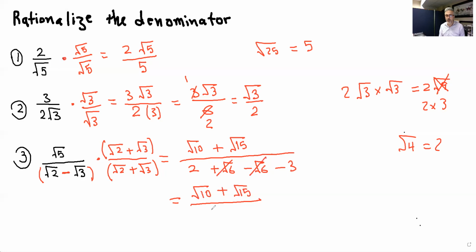You end up with 2 minus 3 on the bottom. 2 minus 3 gives you negative 1. When you divide both of these by negative 1, you just get negative root 10 minus root 15. And that's the final answer for this.